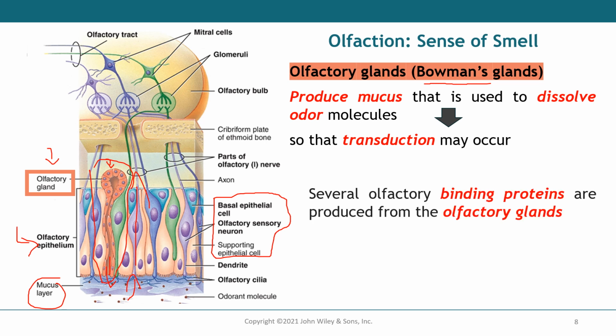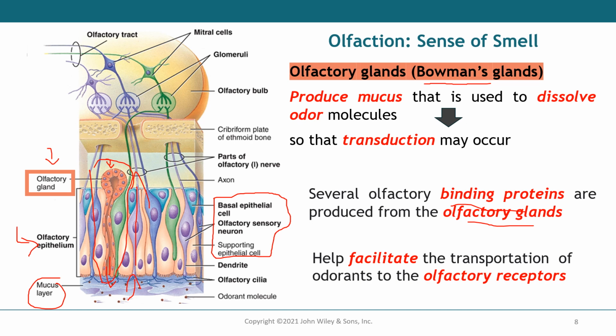If you study this in more detail, you will find that there are several olfactory binding proteins produced in the mucus of the olfactory glands, and those will facilitate the transportation of odorants to the olfactory receptor. Okay, so with this, we finished all the different structures that are located in the olfactory epithelium.